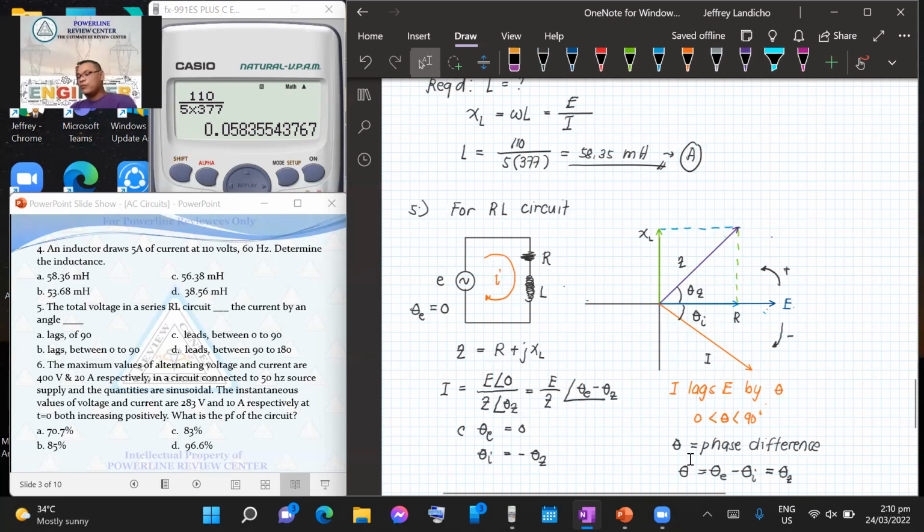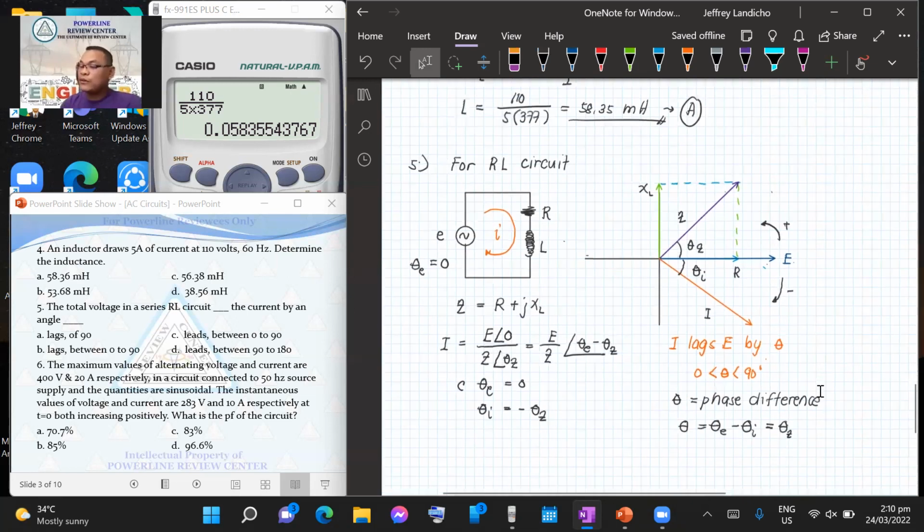Palagi equal itong phase difference ni voltage at current sa angle ng ating impedance. At ang tawag din natin dito sa phase difference between the voltage and current, ito yung ating power factor angle. Okay? So, yan din yung ating power factor angle.